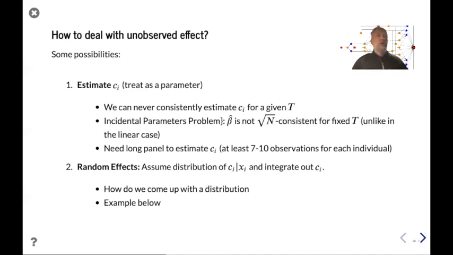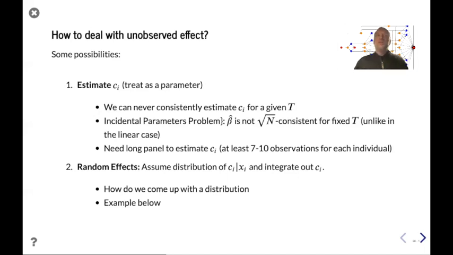In principle, this is just another application of the probit model. You just include a bunch of dummies. The other approach is a random effects approach. Here, since we're doing maximum likelihood and we want to describe the entire conditional distribution of yi conditional on xi, we also need to assume a distribution of ci conditional on the entire sequence of the explanatory variables, and then integrate out ci.